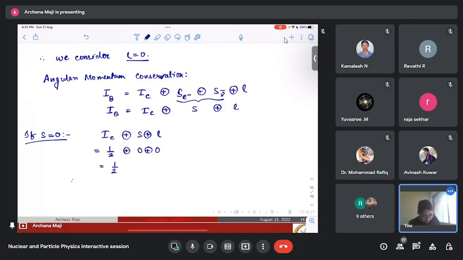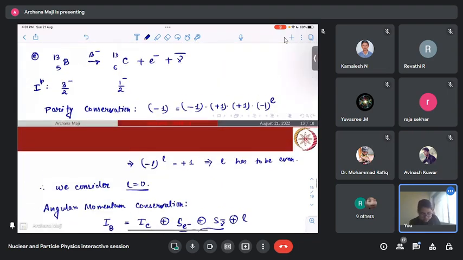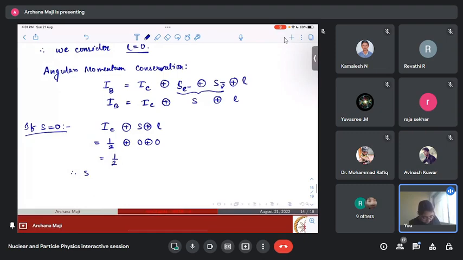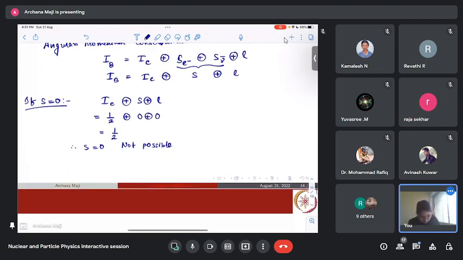But I of boron is 3/2, so S equal to 0 is not possible. So it is indeed not Fermi type, so it has to be Gamow-Teller type, but let us check it.